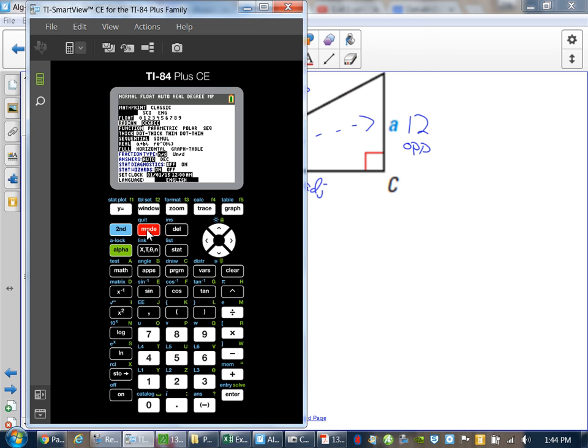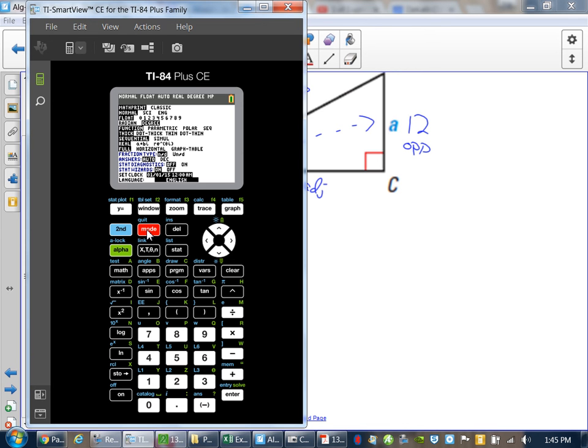We are not in radians yet. We haven't gone rad. Hit the button that says mode, and then make sure your calculator is highlighted in degrees.